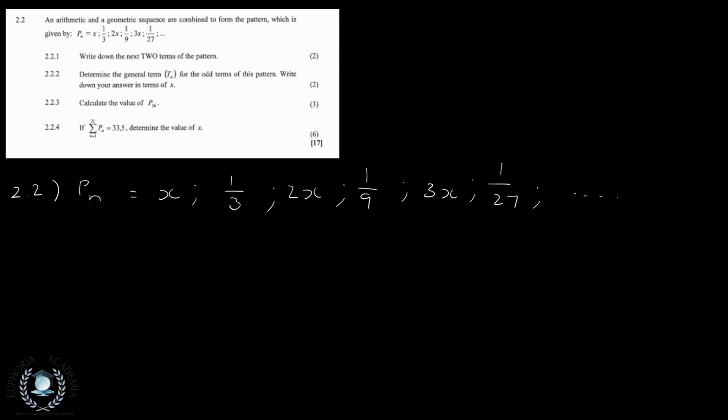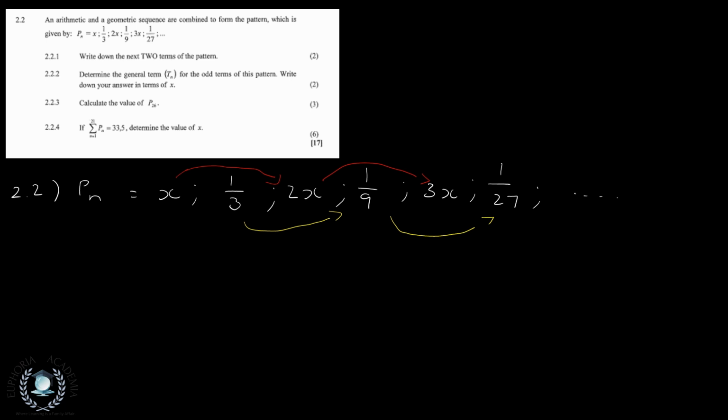So it's a combination, so that means we probably have to look at things that alternate, right? So this x can be mapped to that 2x, and the 2x can be mapped to 3x, and the 1/3 is mapped to 1 over 9 as well as 1 over 27.